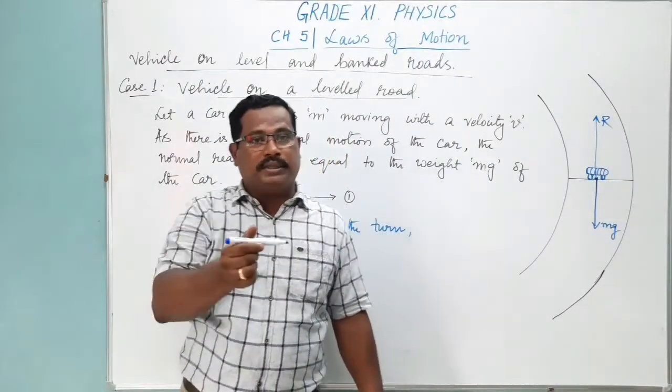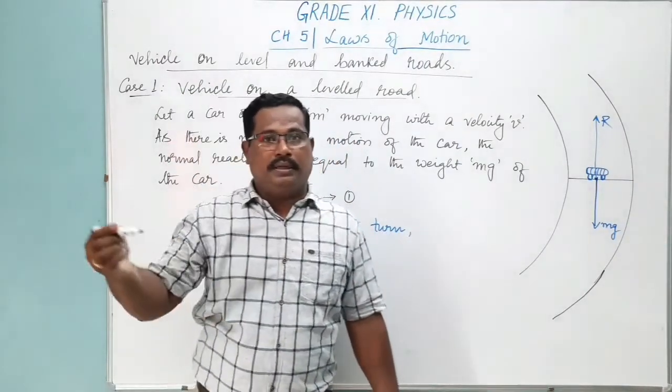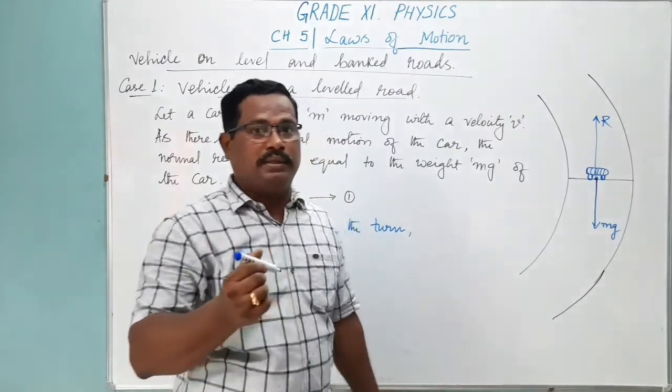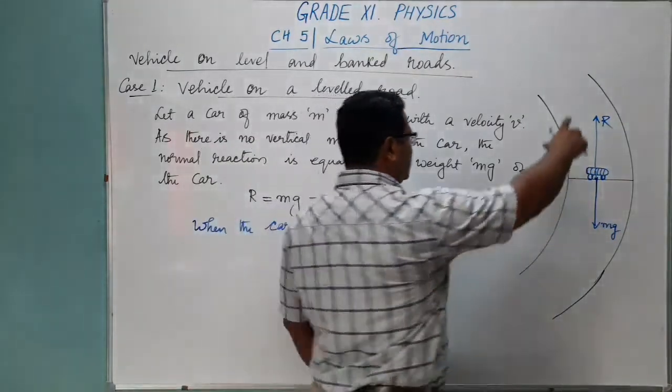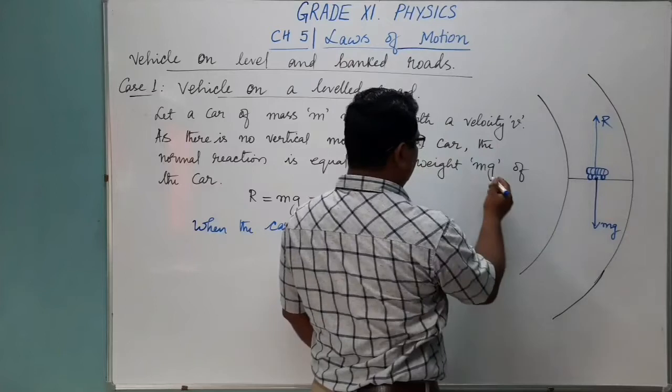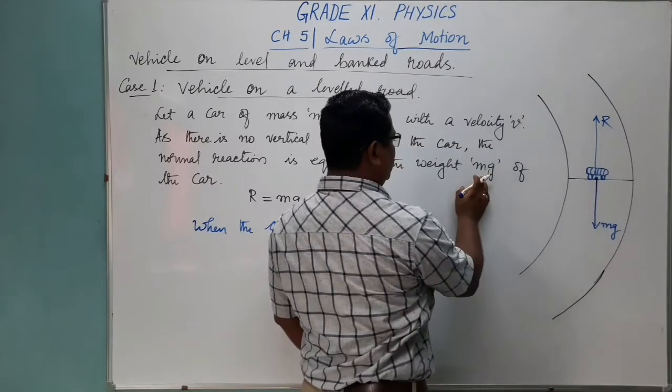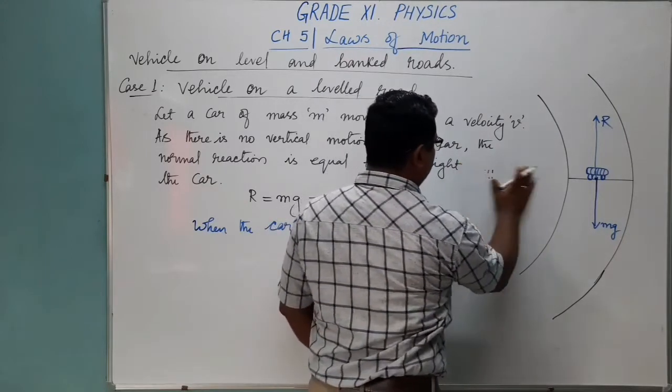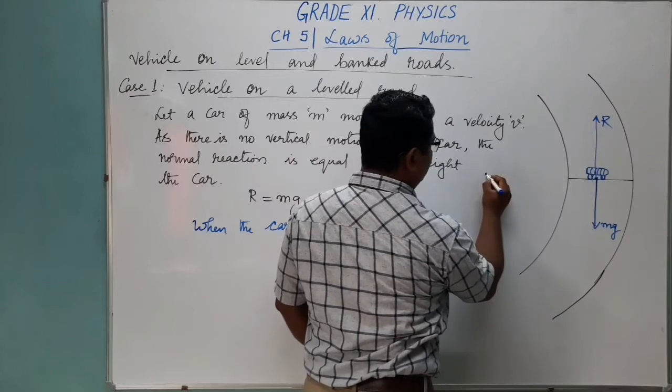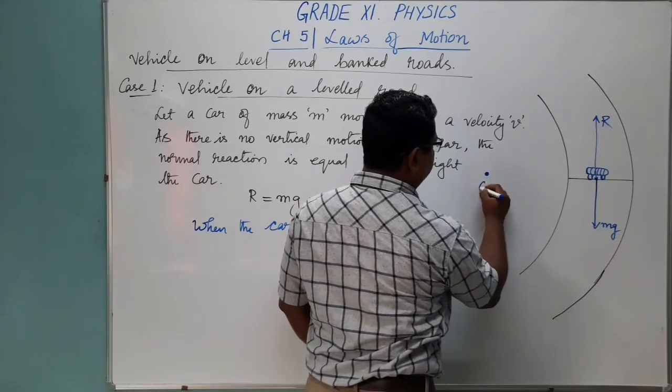They will be acting towards the center of the circular path, and there will be centripetal force as well. You can remember, I think. So this is the turning. So there will be a center here. I have to erase this part a bit. This is the center of the circular path, say.